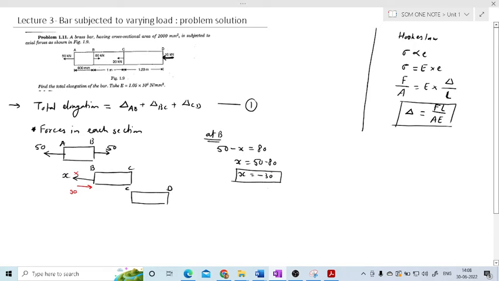See here, the minus sign indicates that whatever you have considered is wrong. The left side that you have considered is wrong; it is not on the left side, it is on the right side. Here the negative sign indicates your assumed side is wrong.